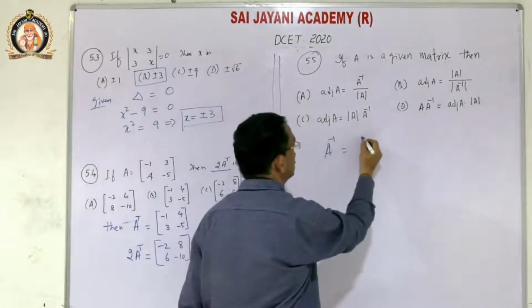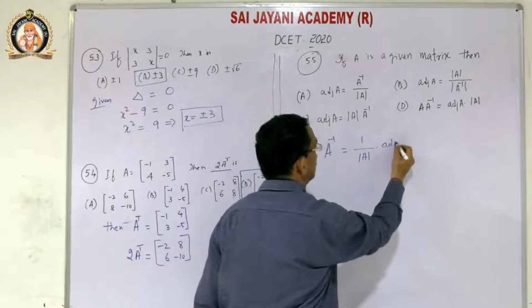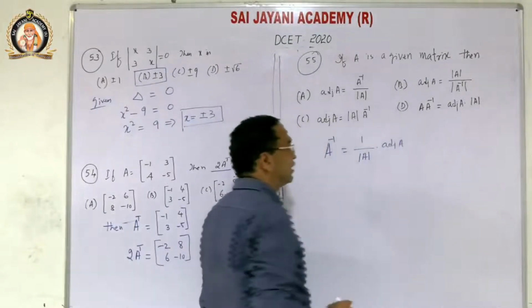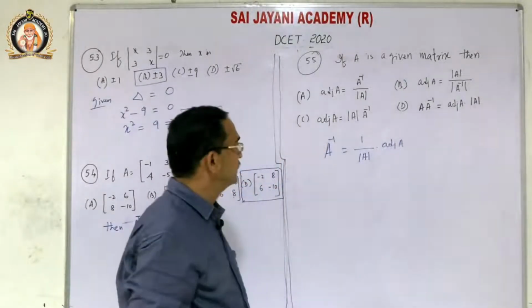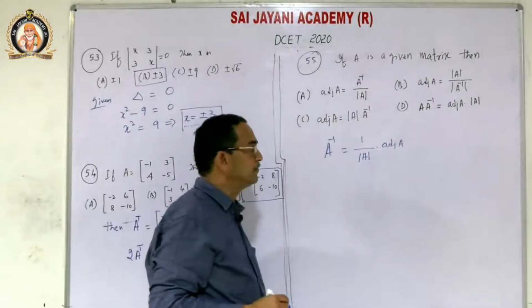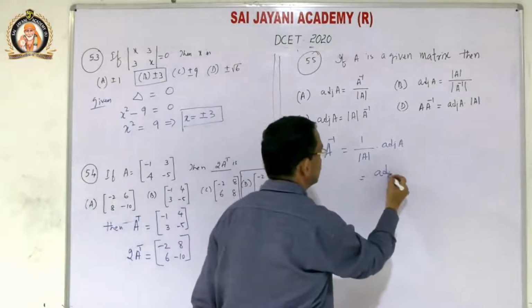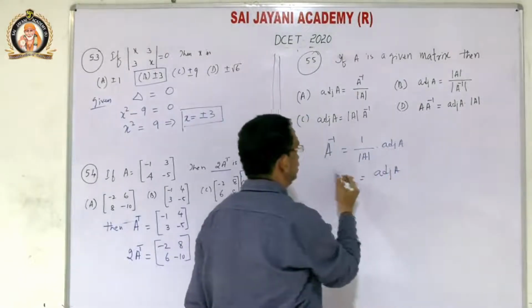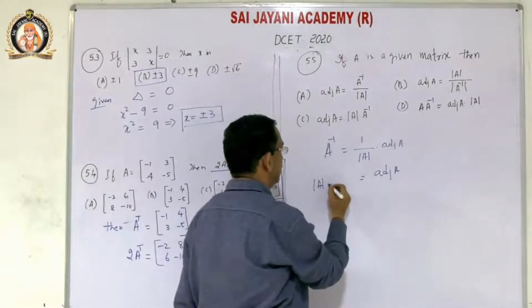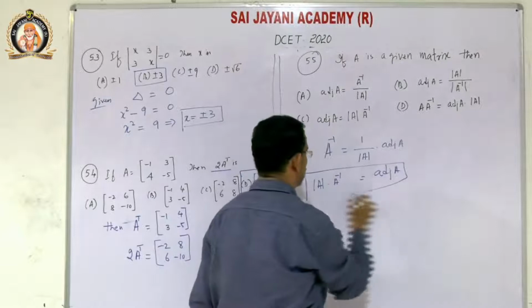A inverse is equal to 1 over determinant of A into adjoint of A. This is the formula which we know, right? By cross multiplication, we get adjoint of A is equal to determinant of A into A inverse.